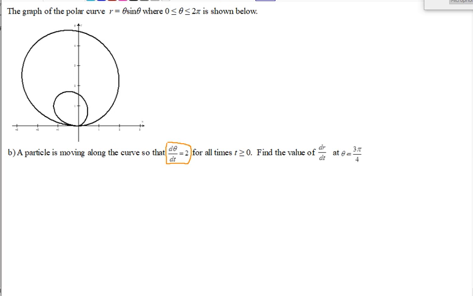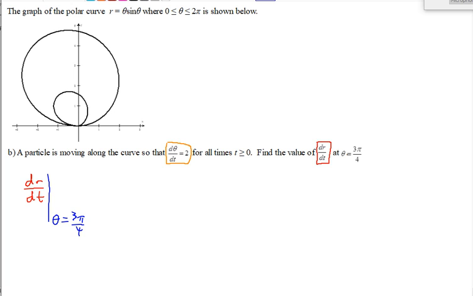So then we're asked, well, based on how the angle is changing, how is the radius changing over time, specifically at this instant, when the angle is 3 pi over 4 radians.